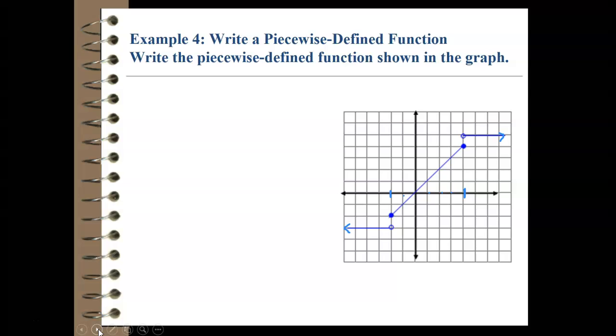So that means this is x values less than, but not equal to -2. The middle segment goes from -2 to 4, and equals on both ends. And the last segment is x values greater than, but not equal to 4.